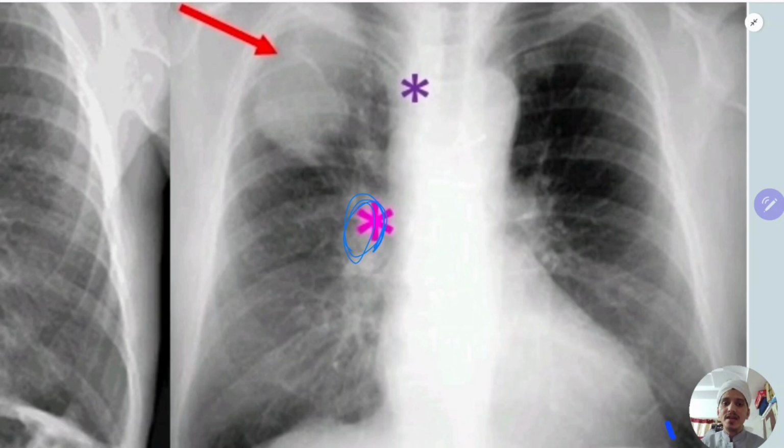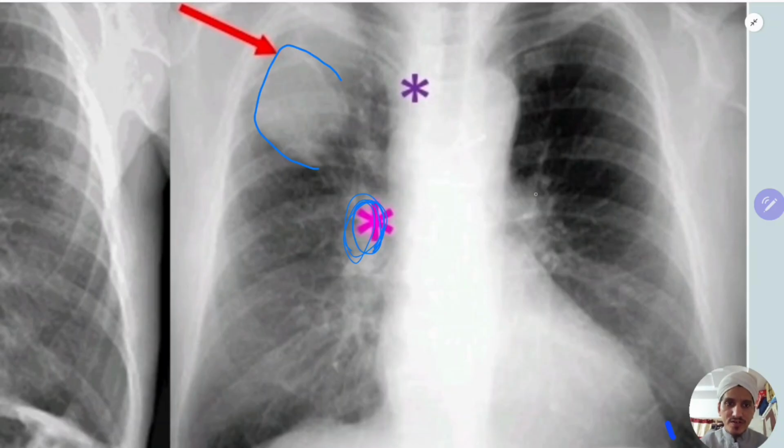By hilar fullness I mean more whitish appearing hila, without a characteristic border, but fuzzy and full hila. This is because of lymph node enlargement, and this is at the periphery of the lung, so it is squamous cell carcinoma, malignancy.